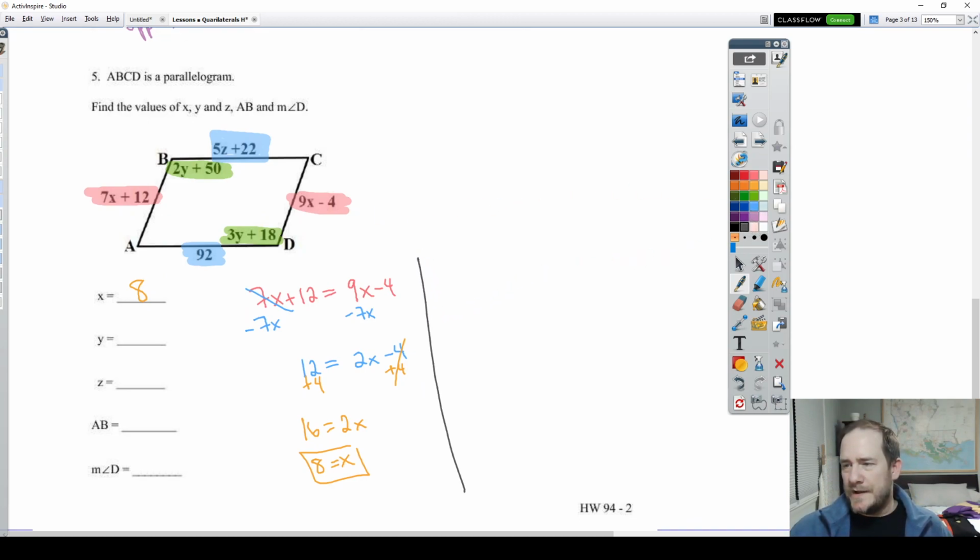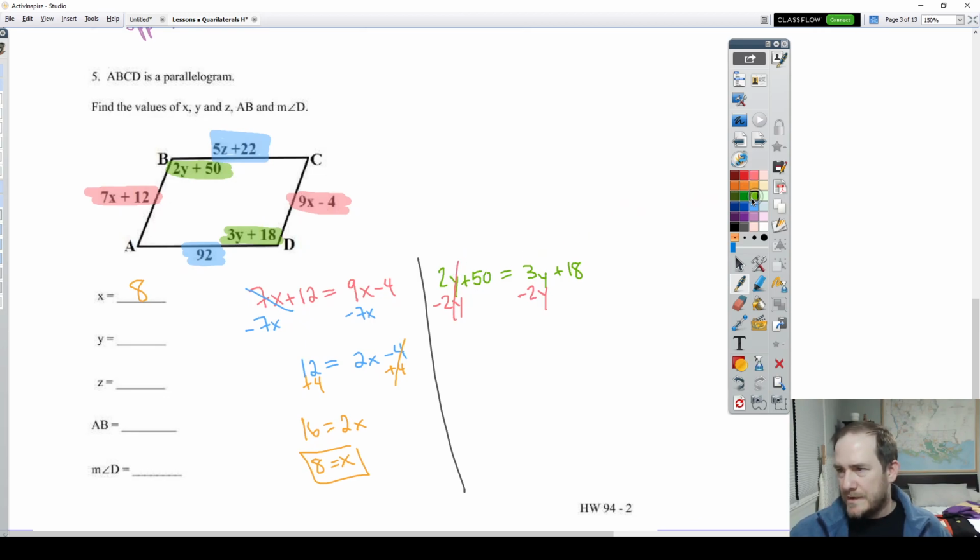Now to solve for y. Well, y is the green angles that I highlighted, and they're congruent to each other too. So just take your 2y plus 50, set it equal to 3y plus 18. And I still say solve by getting rid of the smaller number of variables first. So I'm subtracting 2y from both sides.